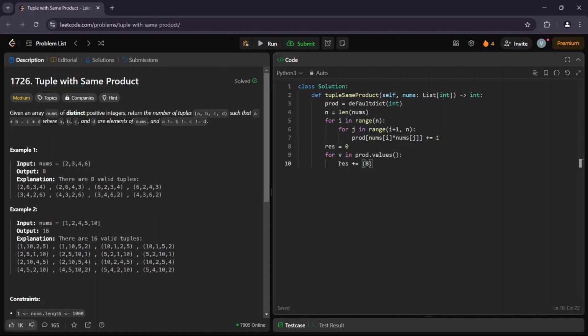That is the number of possible permutations for each a, b, c, d, which is 8, times v, the number of pairs, multiplied by v minus 1, and we have to divide this by 2. This is vC2. Once we are done with this, we can return result.